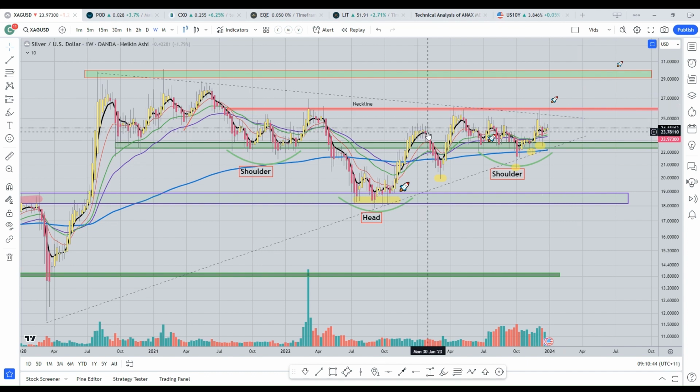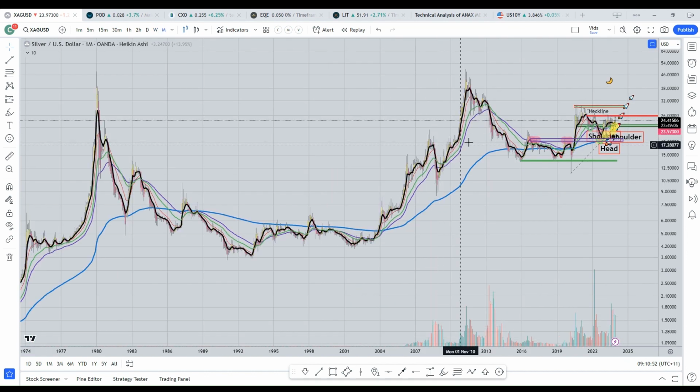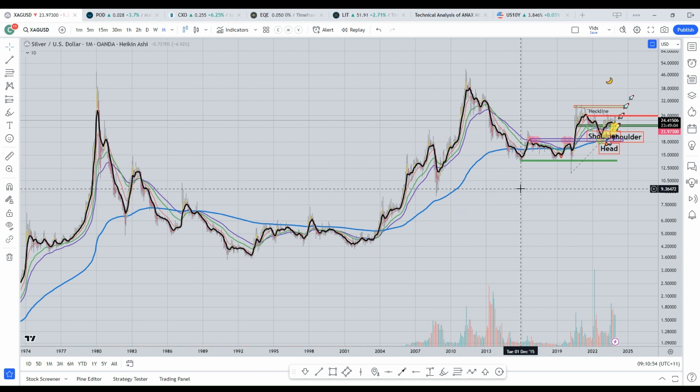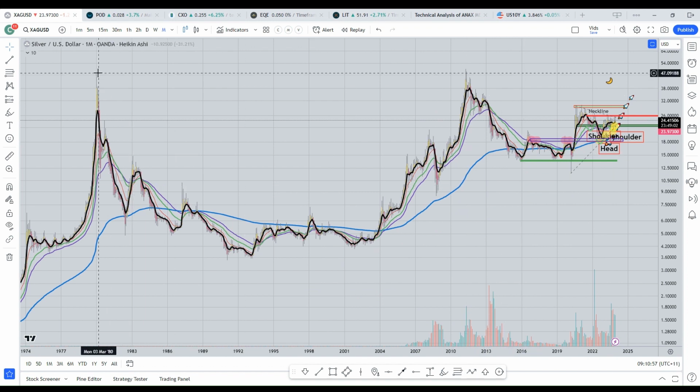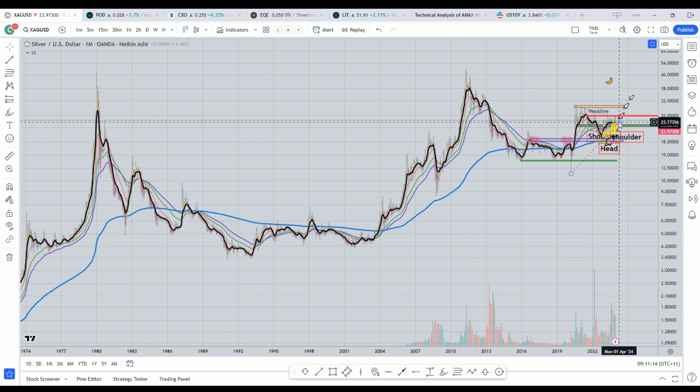Now, here's the silver price. Just as I wrap up here, I want you to think for a moment about an asset that is not higher than it was way back in 1980. The value of that asset not higher than 1980, because we have silver that is well below the highs of $45 an ounce down here in the range of $23 an ounce.